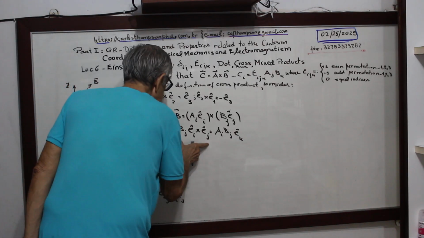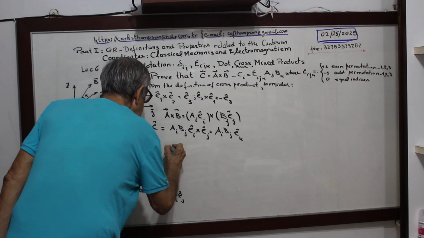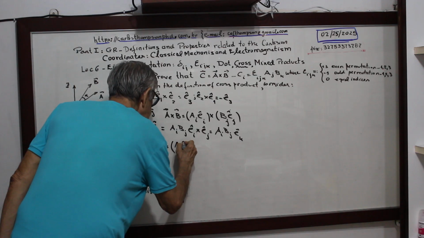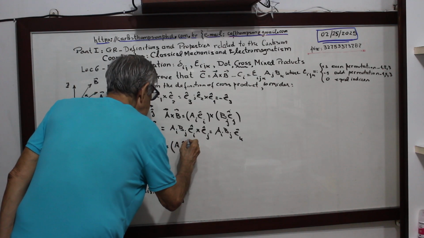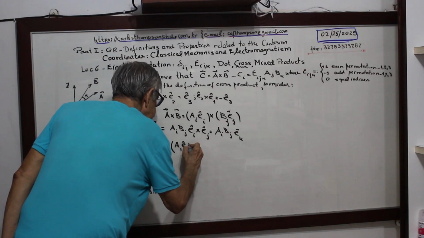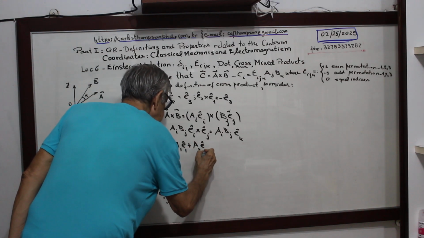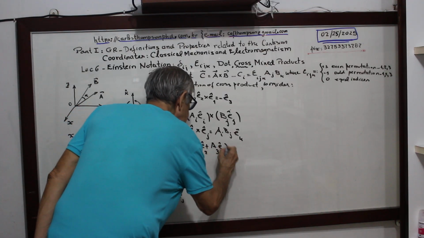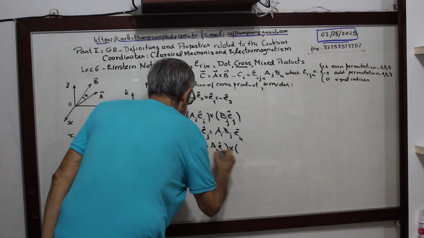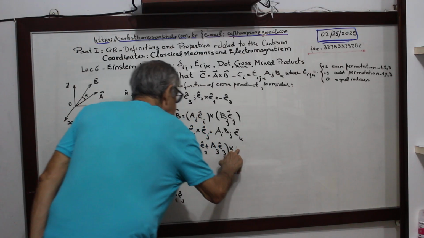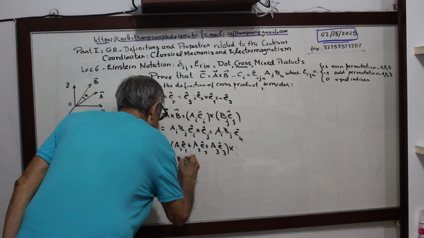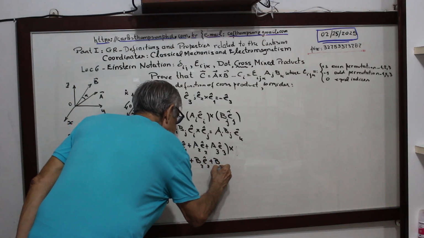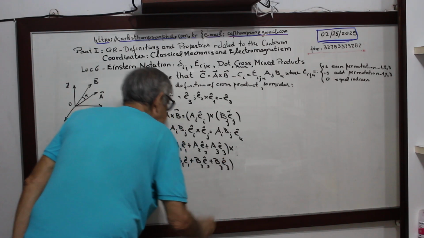This is equal to a1 e1 plus a2 e2 plus a3 e3, cross b1 e1 plus b2 e2 plus b3 e3.